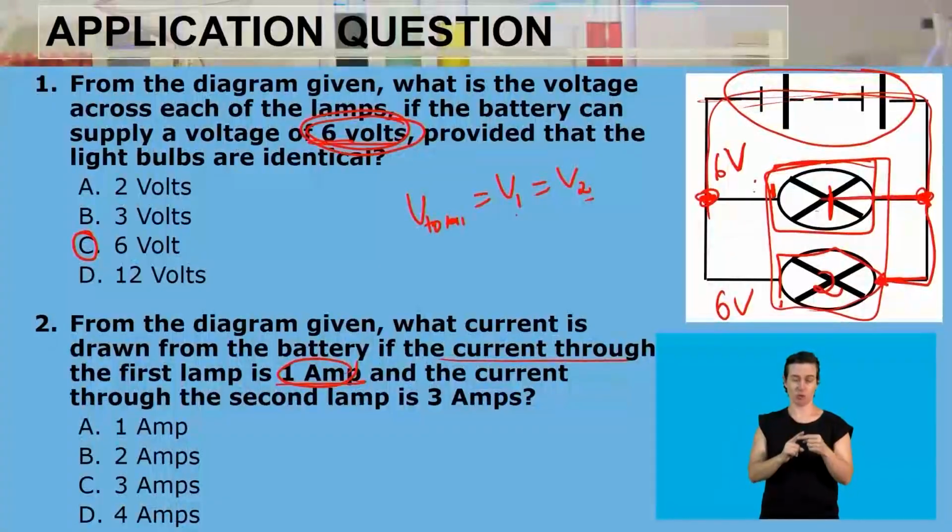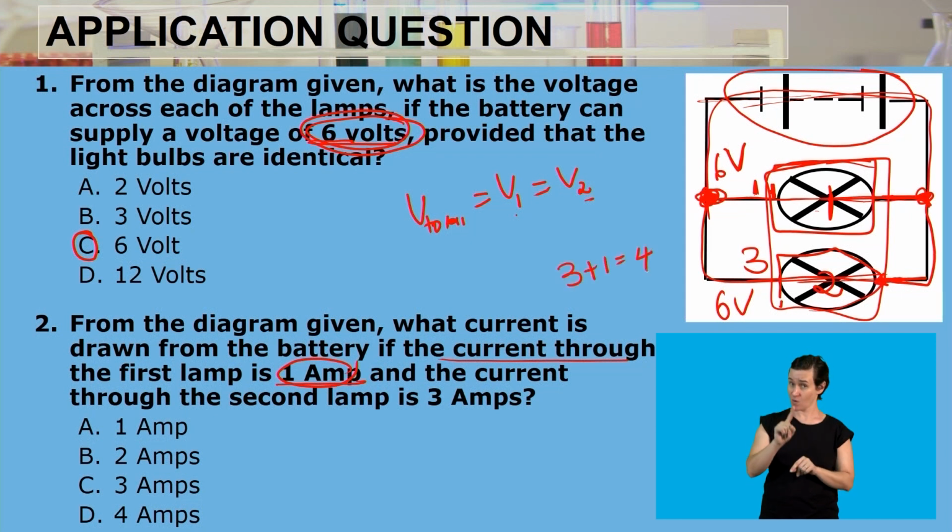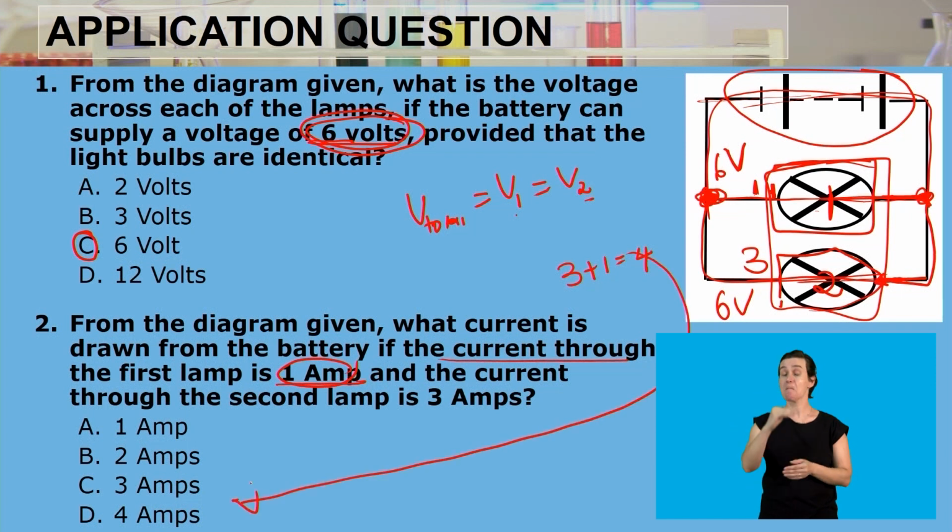So if across this resistor we have 1 and across this one we have 3, when this current has passed through these 2 resistors and gets to this point, they will still combine and be equal to the total current that we had initially. So therefore, 3 plus the 1 gives us the 4. Our answer is going to be D, which is the 4 amps.